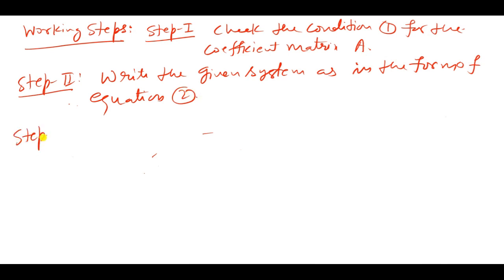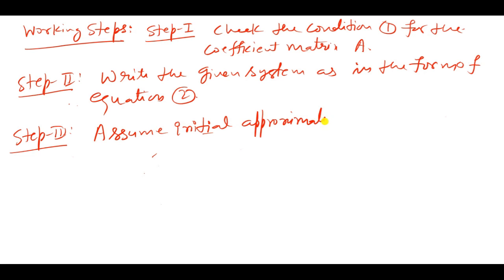Step 3, assume the initial solution or approximation xi 0 for i = 1, 2, 3 up to n.